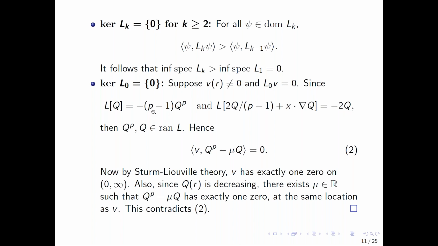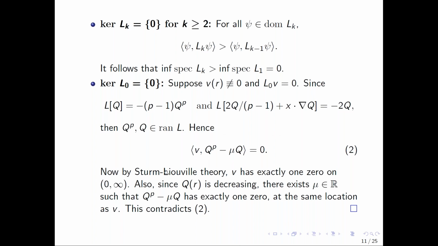Those two identities tell you, it doesn't really matter what these functions are, but they tell you that Q to the p and Q are in the range of L. And since L is self-adjoint on the space of radial functions, that means its kernel must be perpendicular to its range. So anything in the kernel of L has to be perpendicular to both Q^p and Q. Therefore, its L2 inner product with any combination of Q^p and Q has to be 0. And we're going to get a contradiction from that.